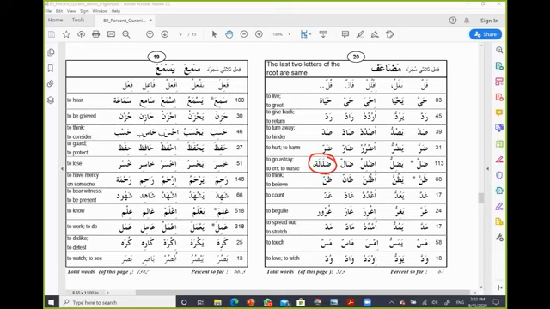Dalala, that would be the masdar, meaning the noun of the verb. Dalala would mean the delusion. So dalala, delusion, or the misunderstanding that happened.